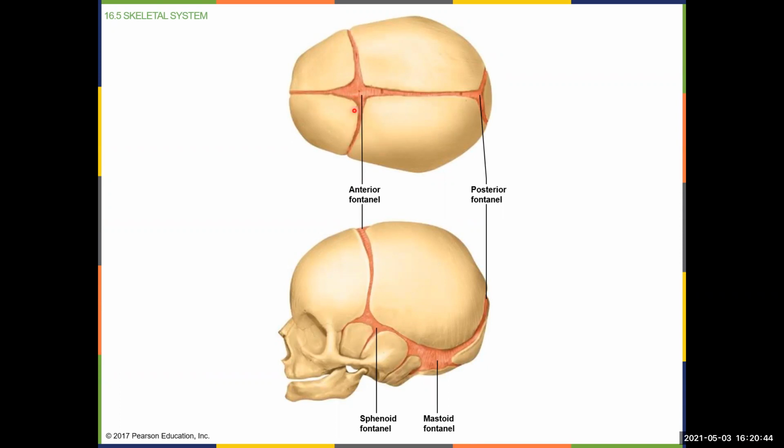The red connective area here are the fibrous joints, and you can see where that soft spot would be in an infant's head. These bones will continue to grow and connect together and ossify and develop into the hard cranial structures of an adult.